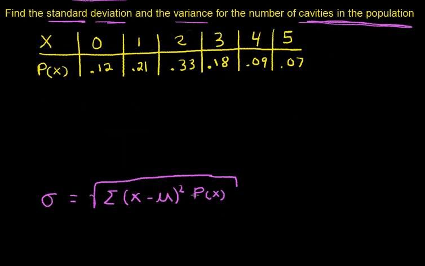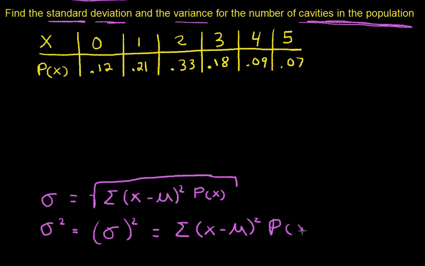It's like a weighted average, weighted by the probability of observing that value of x. And then you take the square root to get rid of the square. Sigma squared is the variance, it's just the square of the standard deviation. So it's the same equation, just without the square root sign. Okay, so this is standard deviation, and this is variance.